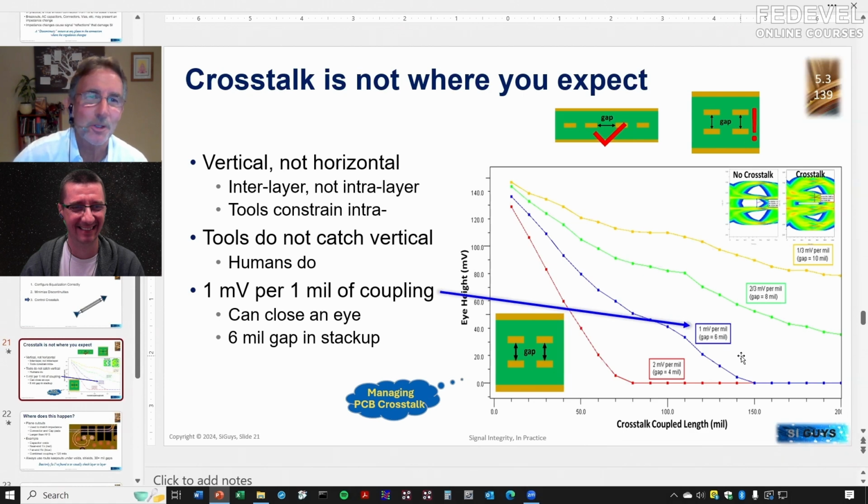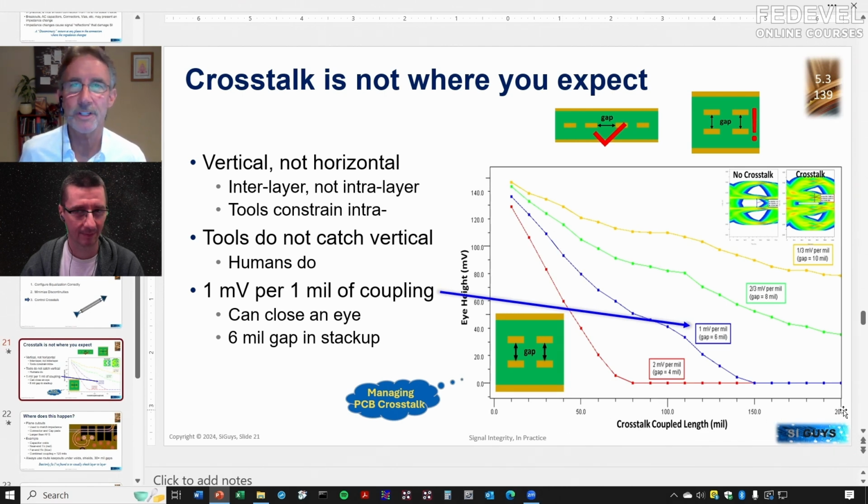So this chart thinks in mils. Now this looks extremely technical, but let me take a chance at explaining it real fast. If you have this gap distance of 6 mils, right? And you have more and more coupling from zero.